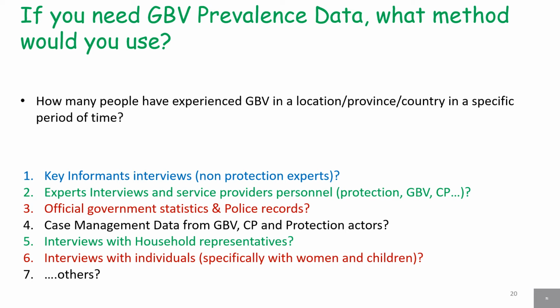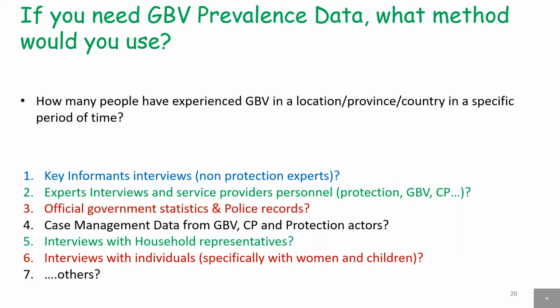If you need GBV prevalence data, what method would you use? Prevalence means how many incidents or survivors of GBV there are in a location. Would you use key informant interviews by non-protection experts? Would you use expert interviews and service providers, personnel, so protection, GBV, child protection?